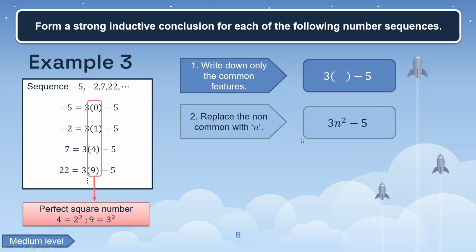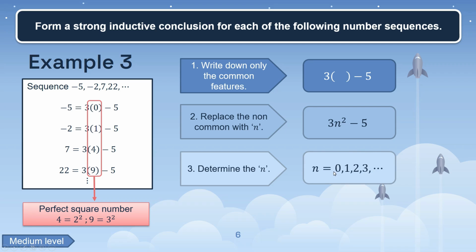Okay, this is how you do the function. And then we determine the n. Okay, from this example, n starts from 0. So n is equal to 0, 1, 2, 3 and dot dot dot, 3 dots.